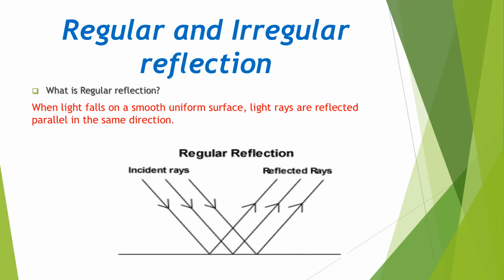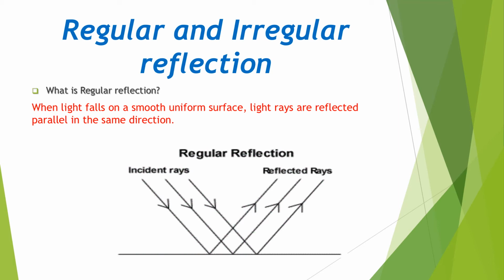Here, my dear children, look at the picture very carefully. In that picture, you can see how the incident rays and the reflected rays act in a regular reflection. When there is a regular reflection, the reflected rays are parallel to the incident rays and they are reflected in the same direction.